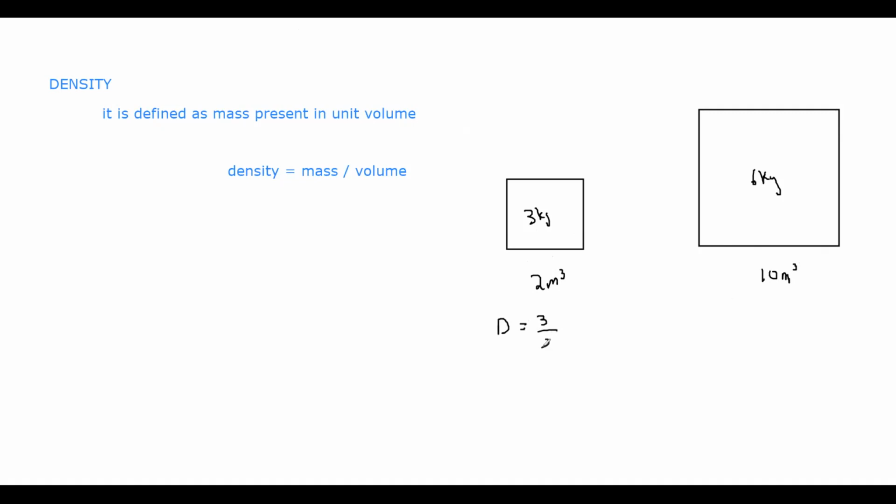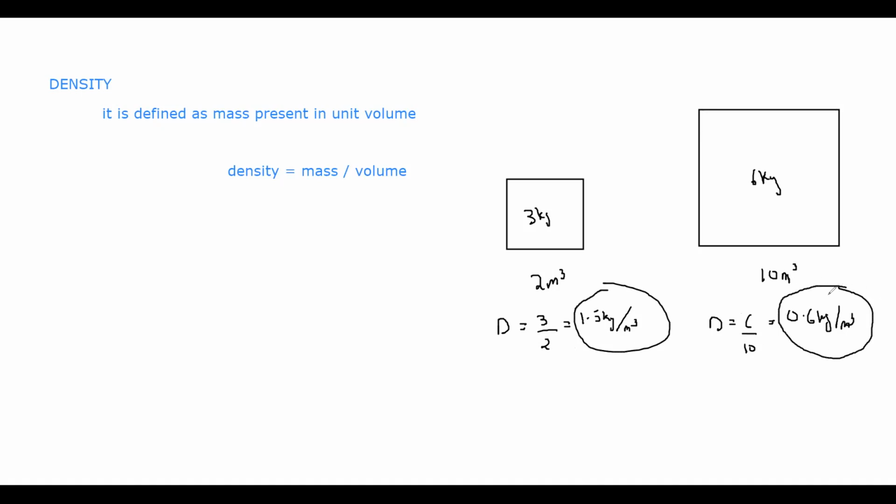So 3 divided by 2. What is the density? It will be 1.5 kilogram per meter cube. But when I find the density of this, it is 6 divided by 10, which is equals to 0.6 kilogram per meter cube. So what these values are showing, 1.5 kilogram per meter cube and 0.6 kilogram per meter cube, it shows if you have a 1 meter cube volume, how much mass is present? 1.5.